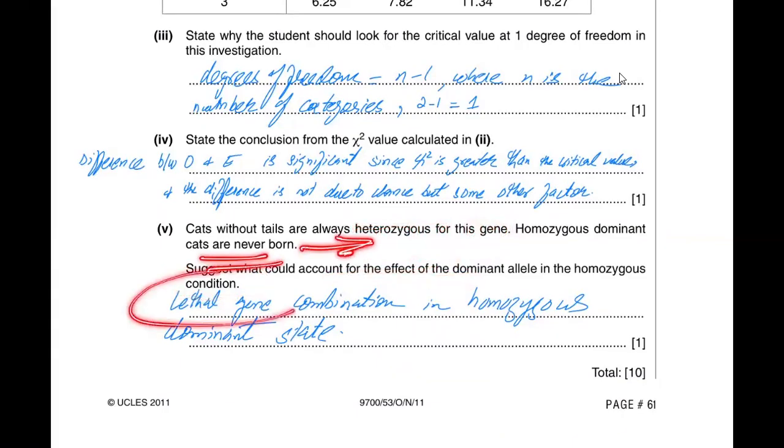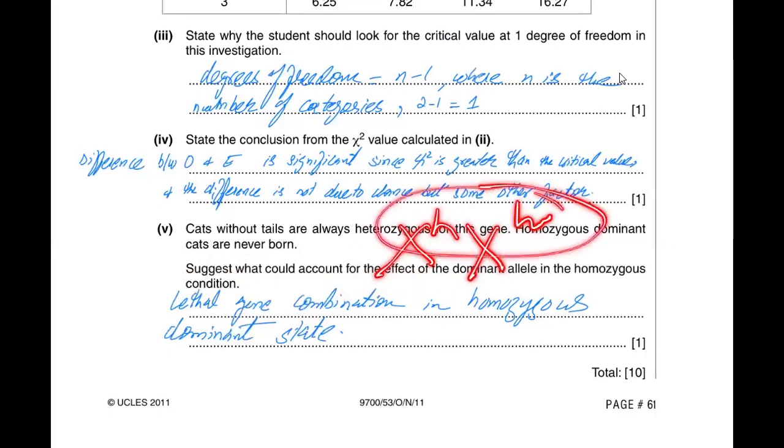You need to recall the lethal gene combination. Whenever the lethal gene combination comes about, the zygote stops dividing. The zygote will not be formed, the embryo will stop dividing, the cell division will just not take place. It's a lethal gene combination. This is something similar to what we have discussed in hemophilia, that we do not have females who suffer from hemophilia, the hemophilia that we have discussed for factor 8.